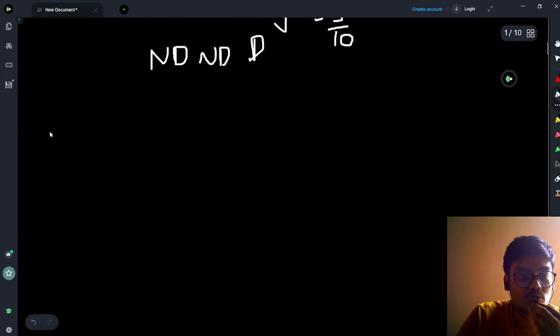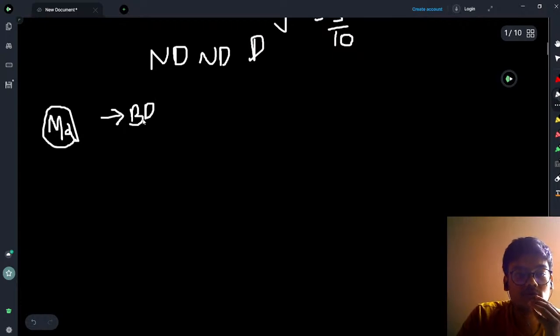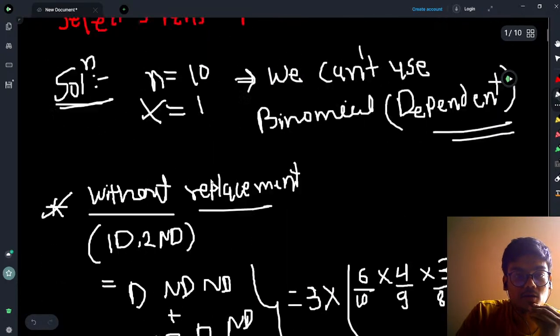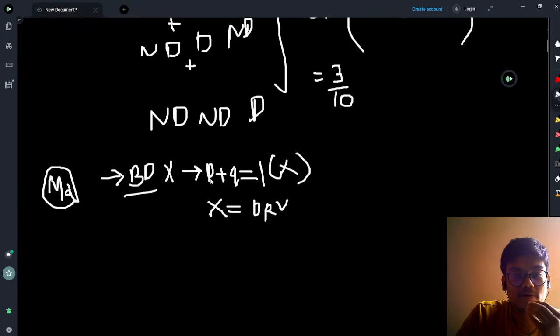Now we have another method. That method is used when binomial distribution fails with one case. Here p plus q equal to 1 is not satisfied because we are not getting the independent case, but x is a discrete random variable. What are the other conditions for a binomial distribution?